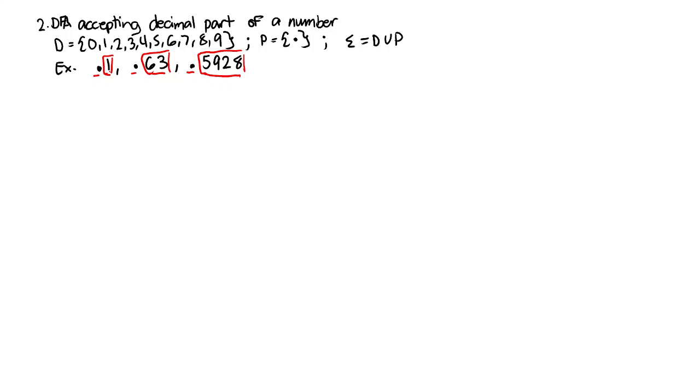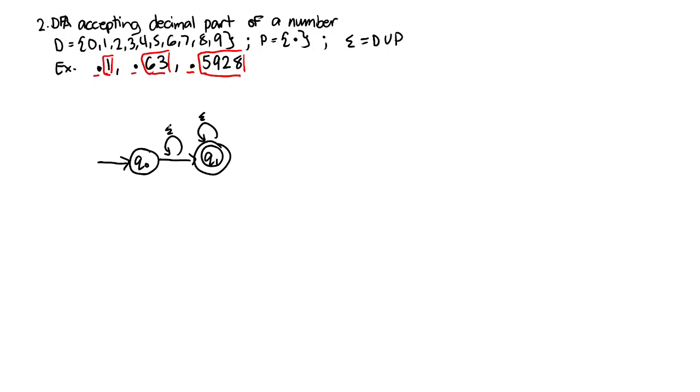So, in number 1, we have sigma on the transition. However, in number 2, our alphabet is different because we also have the point or dot in our alphabet.